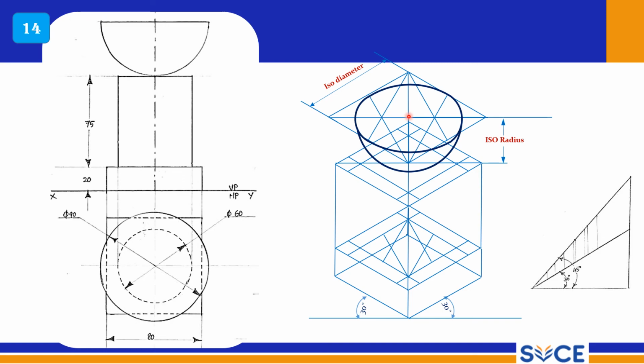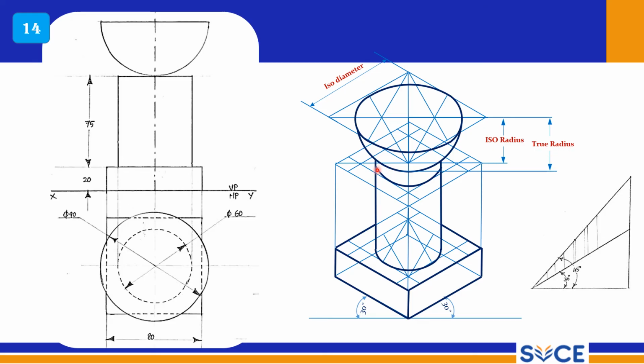The actual radius is 45 mm, and tangentially to this circle you draw this semicircle. This semicircle should be drawn with the actual radius, the true radius.